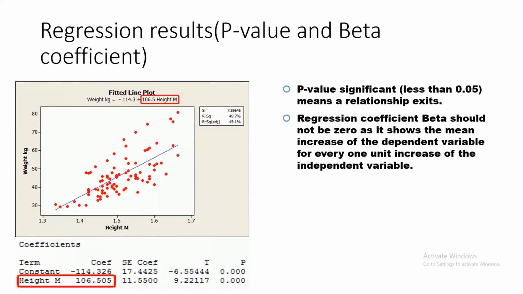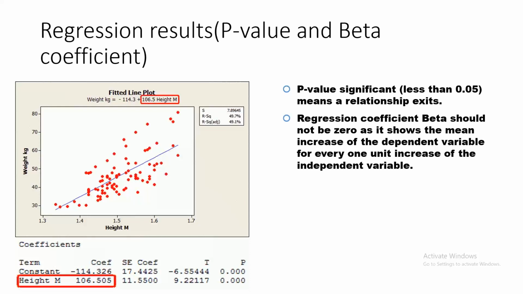So this is what a normal regression line looks like. I'm assuming you're clear with the concepts of regression. The two most important values that come out in regression, and so also in meta-regression, are the beta coefficient, which should not be 0, and of course the p-value, which should be significant.